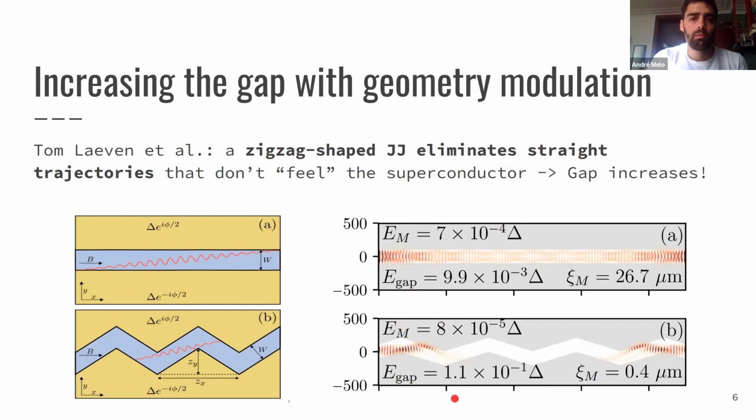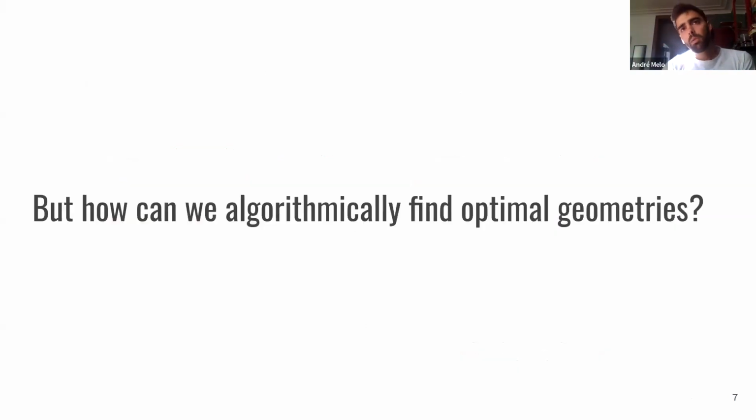So this is a very nice insight, but it left open one question, which is, how do we find the optimal geometry? I mean, there's no a priori reason why zigzag should be the best. Clearly it works well, but there could be a better geometry.